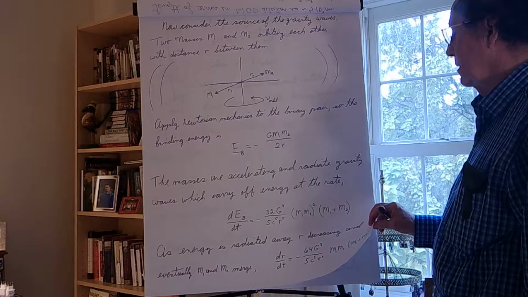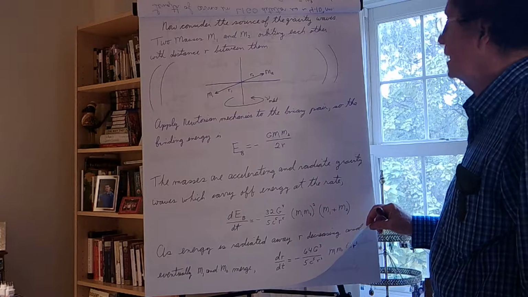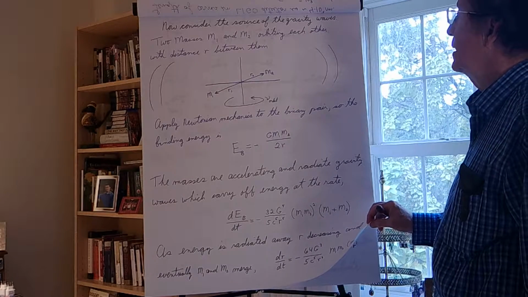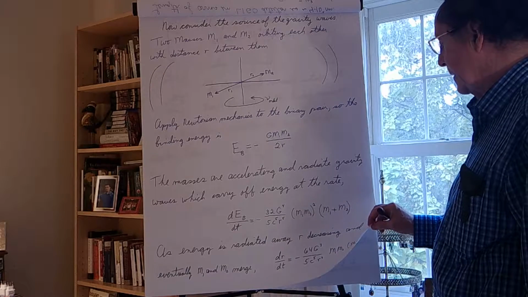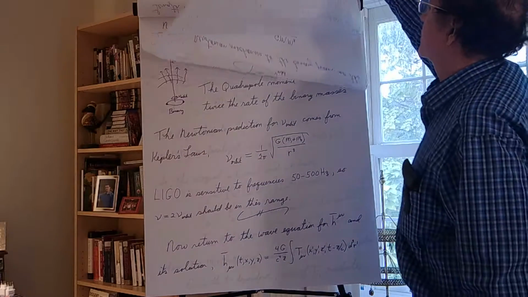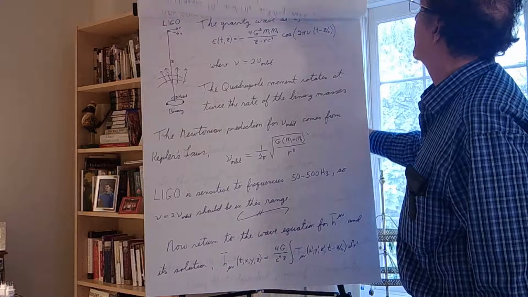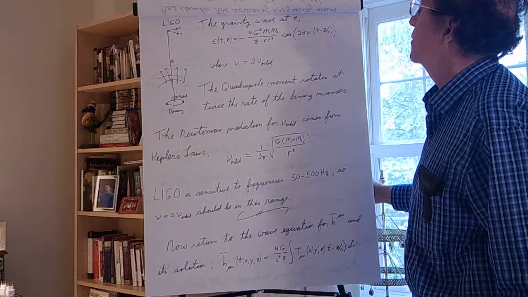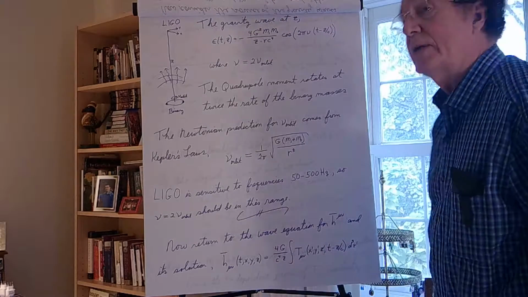Okay, it described the rate of change of the distance between the binaries, and was quite a wonderful success, which also won a Nobel Prize for the experimenters that made those observations.